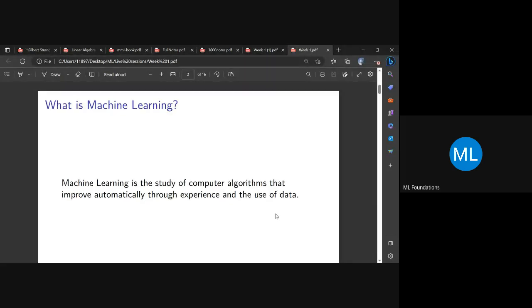Ma'am, before this process, will there be a solve with us session for the MLF or not? The solve with us session will be there, but it's on Saturday. Ma'am, there are two sessions for week one, one for the open sessions and another with the same name, open session.